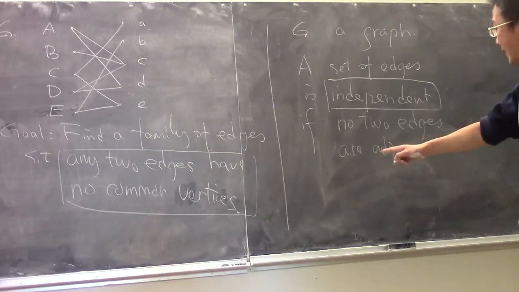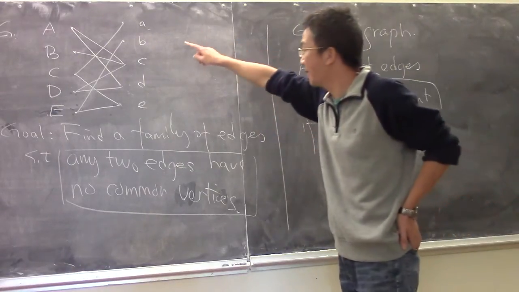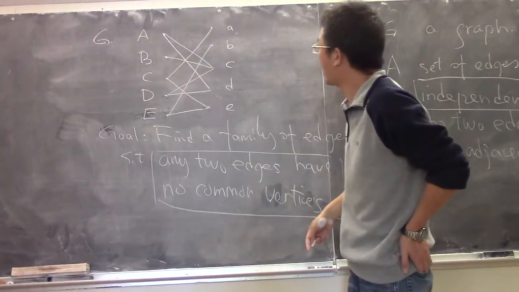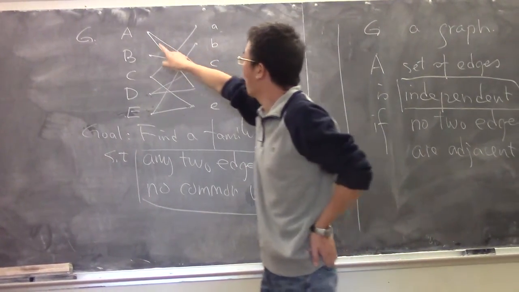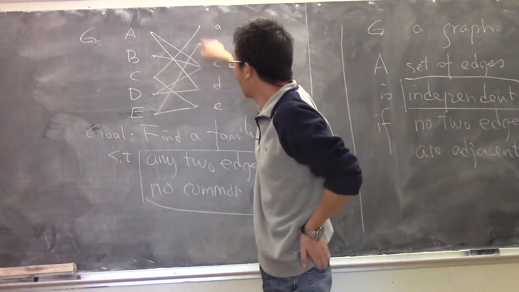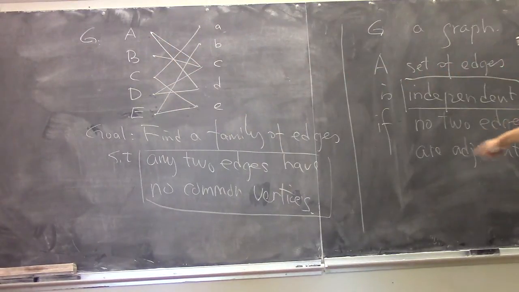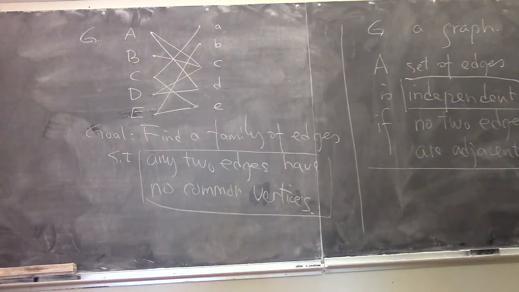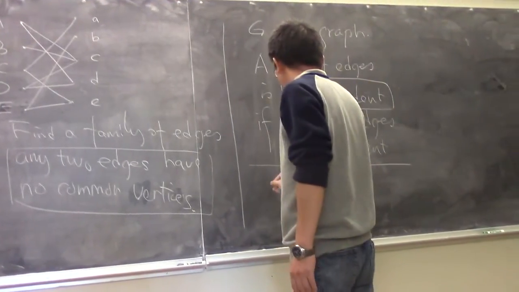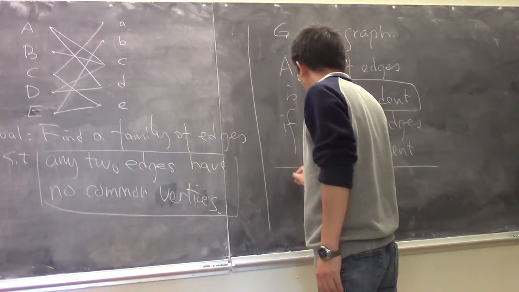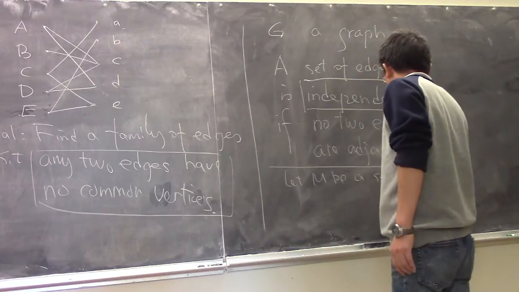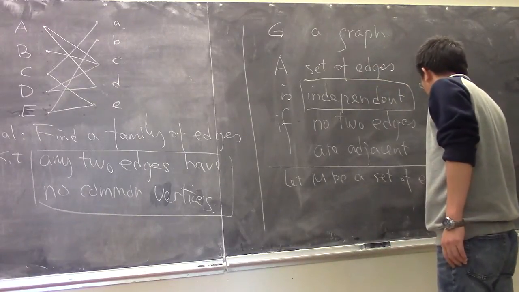So in other words, I try to find an independent set from this graph such that everyone has one job, right? So therefore every vertex has to be contained in this independent set, right? So we can have another concept. Say let M be a set of edges.